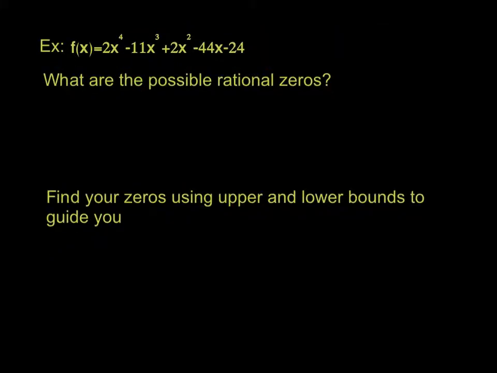Okay, so let's take a look at this example: 2x to the 4th minus 11x cubed plus 2x squared minus 44x minus 24. I want to know what all the possible rational zeros are.